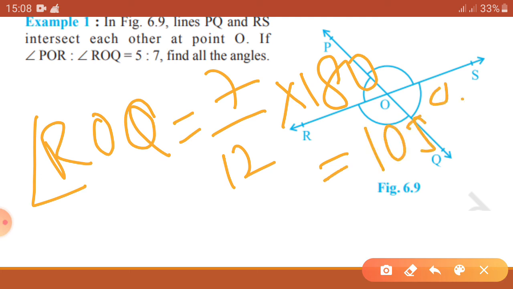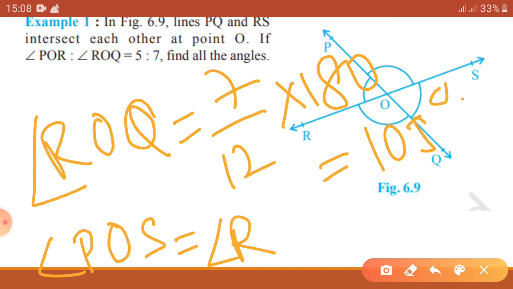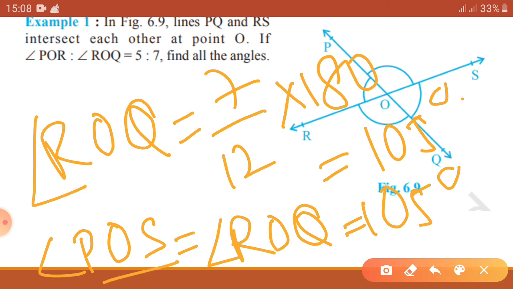Now angle POS equals angle ROQ equals 105 degrees, because angle POS and angle ROQ are vertically opposite angles, and we know vertically opposite angles are equal.